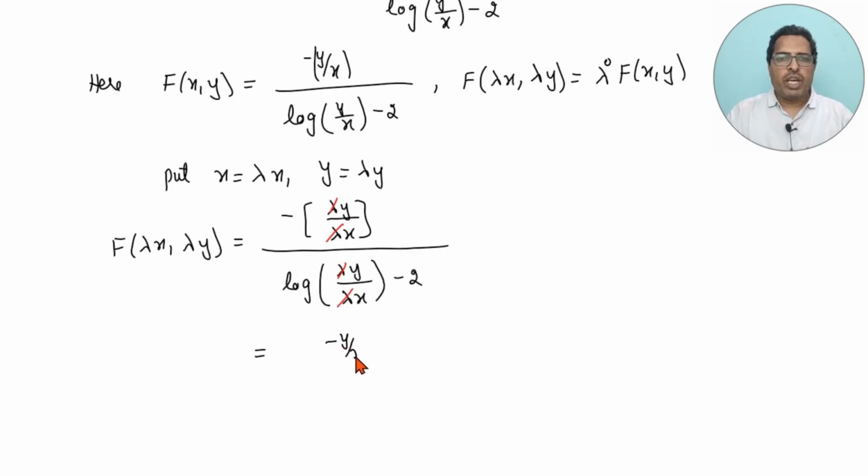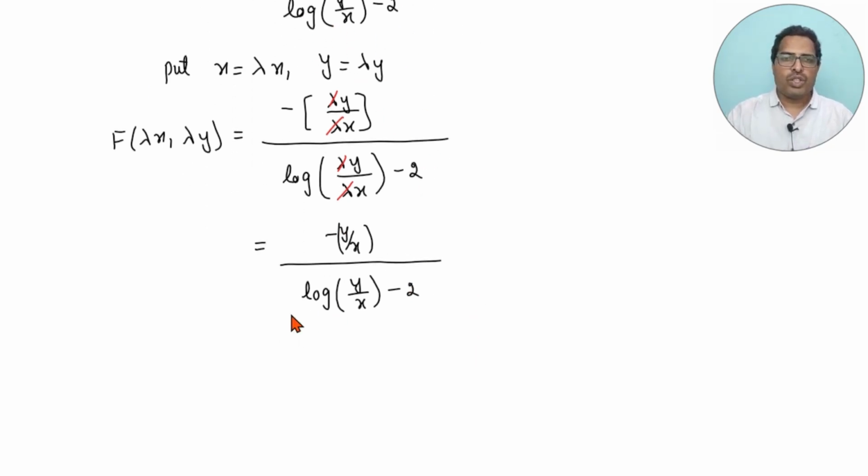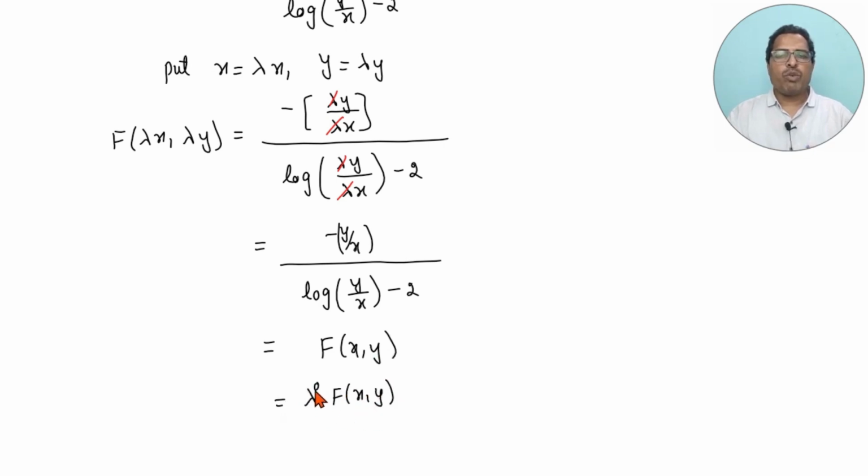Minus y by x whole divided by, in the denominator, log of y by x minus 2. Now you check this one, is it not f of x comma y? Therefore this is nothing but the function f of x comma y. Can I rewrite this as lambda to the power 0 into f of x comma y, because lambda to the power 0 is just 1.